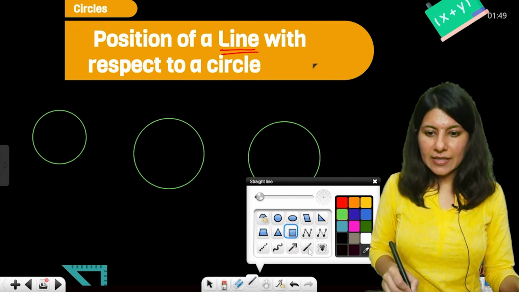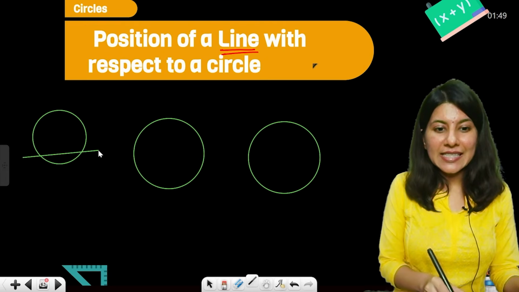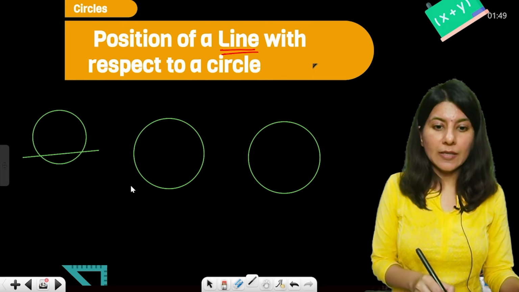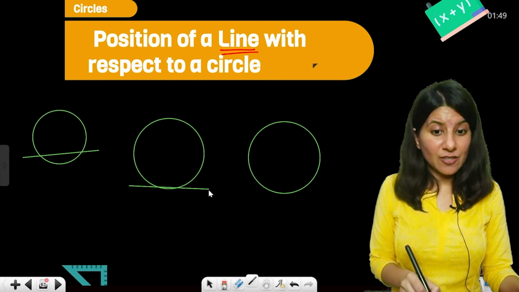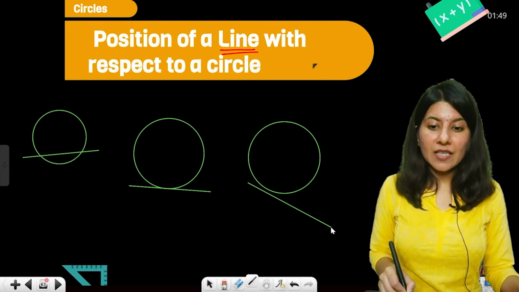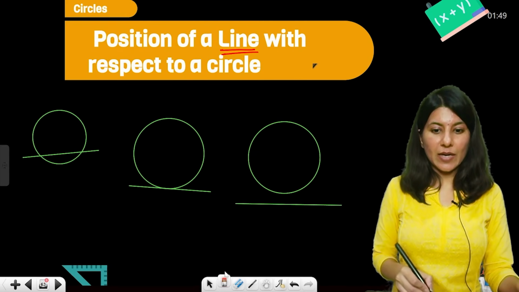And now let's take a line. So there will be 3 cases. Line could be a secant or could act as a chord to a circle. Line can be a tangent to a circle. And line can neither be tangent nor be secant to a circle. Case 1, 2, 3.